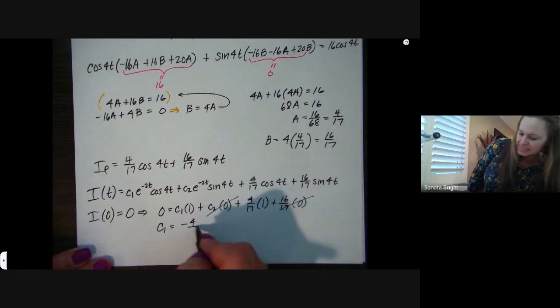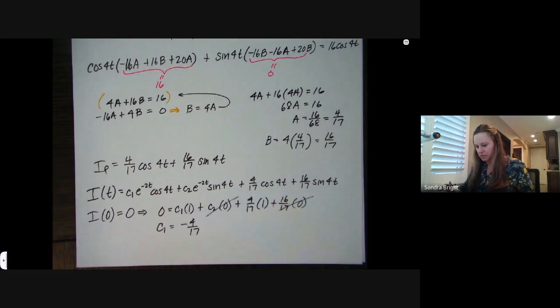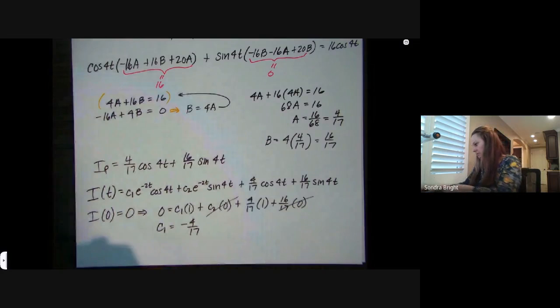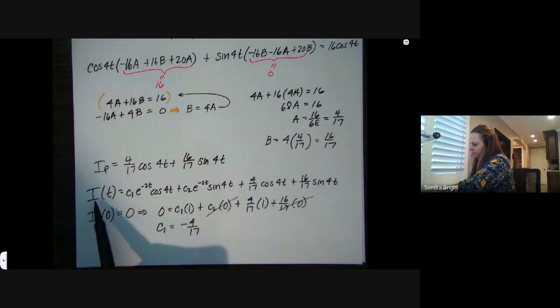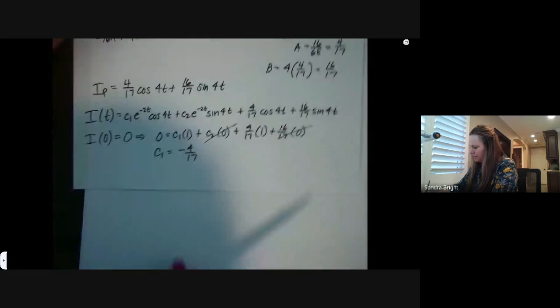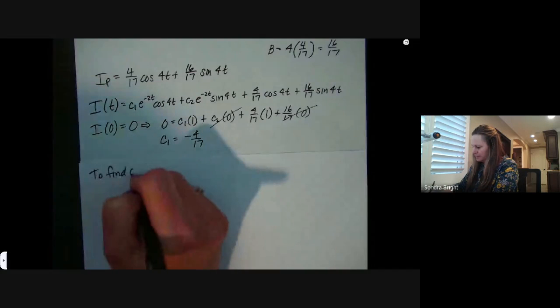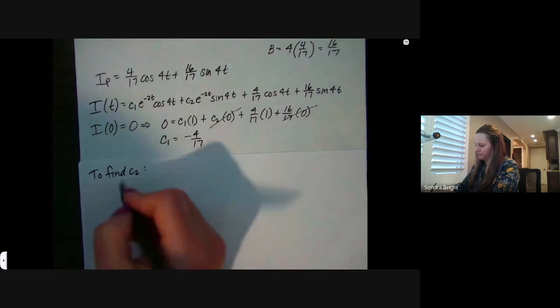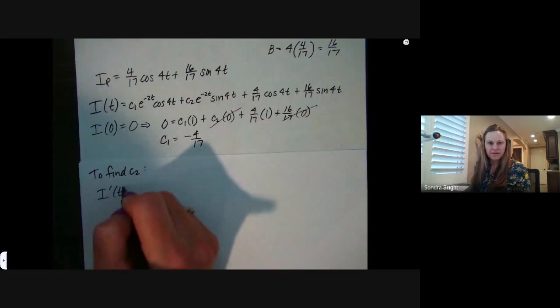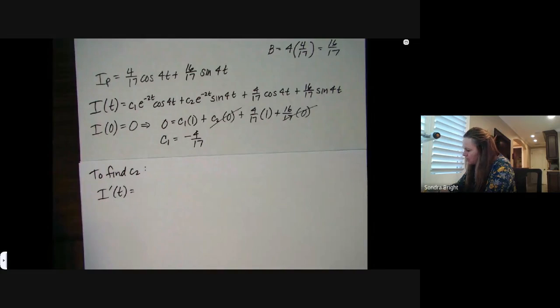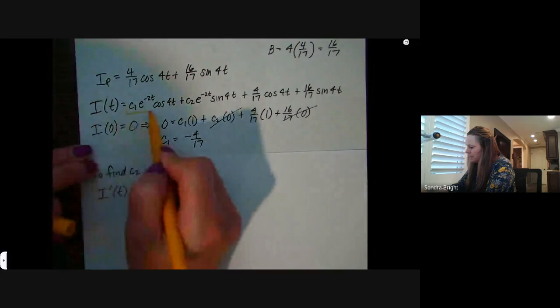Now we still got to find C2, and to do that, we've got to take the derivative of I. So let's do that. All right, we got a bunch of product rules happening, right? On this first guy, I'll treat C1 e to the negative 2t as the first term, and then this one as the second.